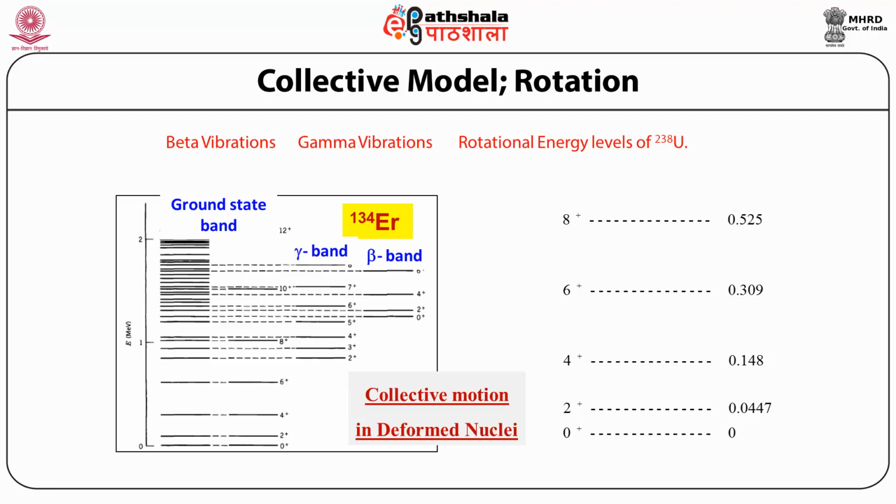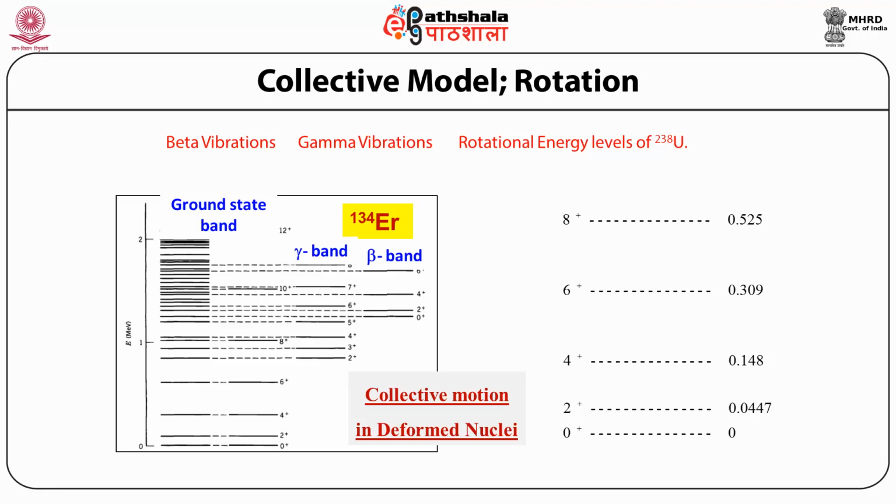What is the meaning of gamma band and beta band? They arise when the nucleus is deformed. If the nucleus is axially deformed, that is, we have some beta value but gamma is equal to 0, then if such a nucleus vibrates, we have some additional energy levels which we group as the beta band.